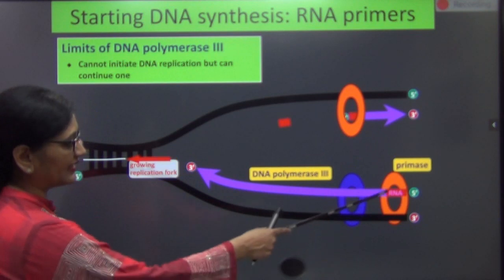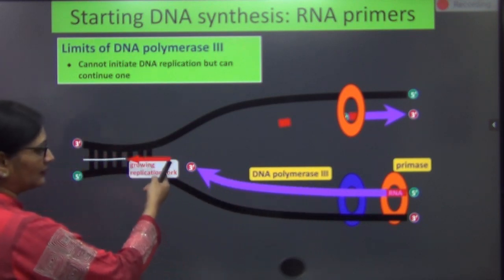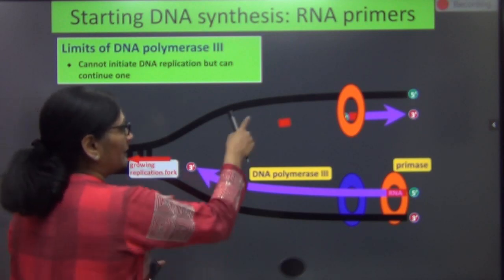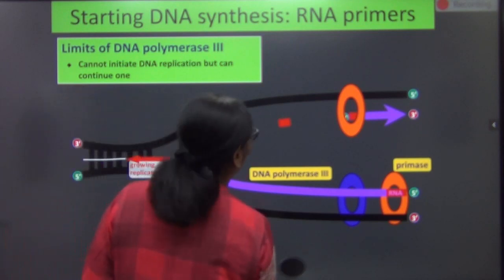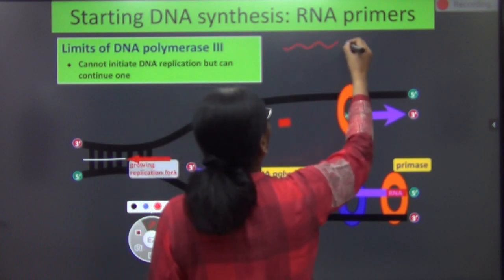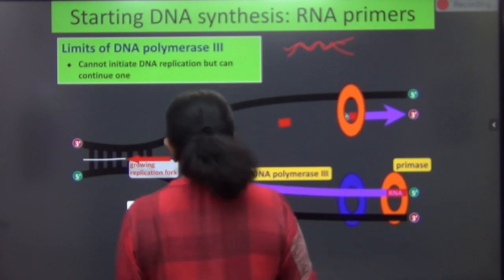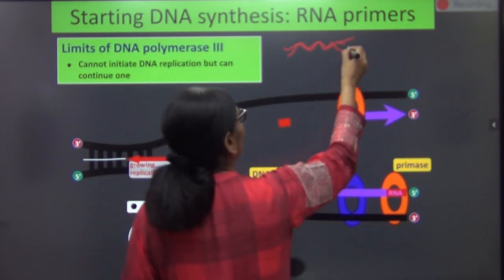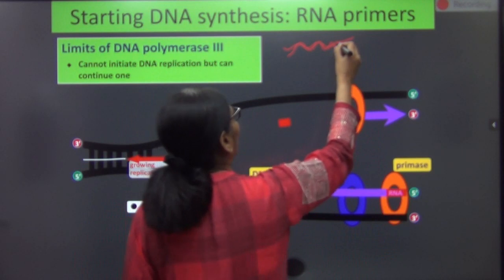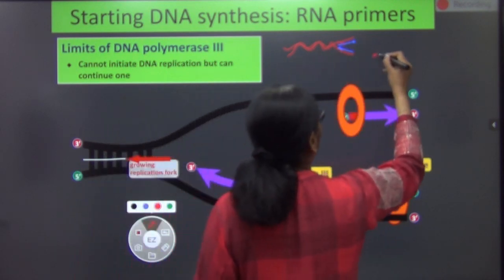Actually in this strand, as the DNA goes on uncoiling, the DNA elongation will be continuous. But in this case, let me show you first on the board, then you will understand this diagram. Say this is my DNA. I uncoil my DNA to this amount. In this case the DNA was formed like this, and in this case the DNA was formed like this. Now this DNA further uncoils.